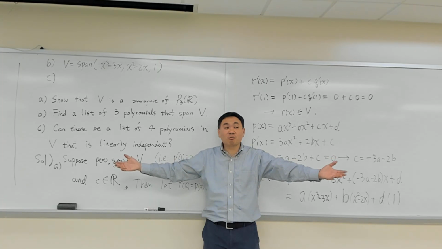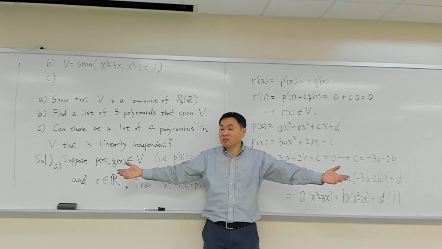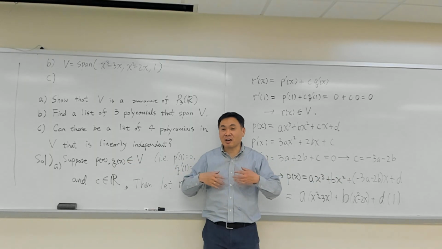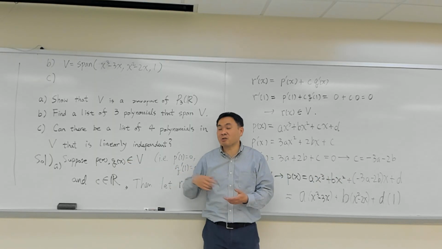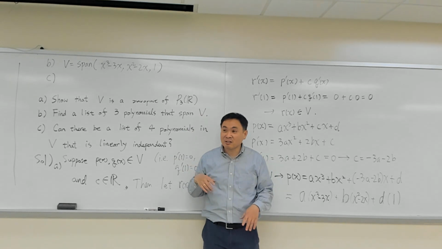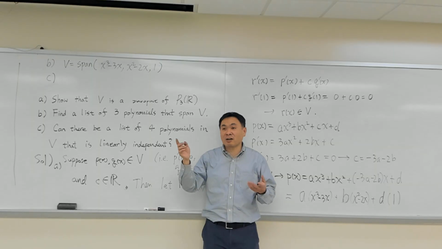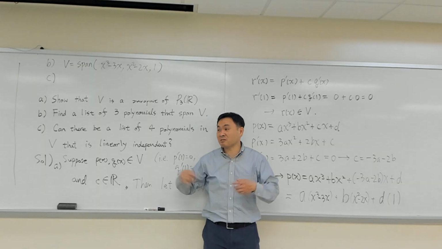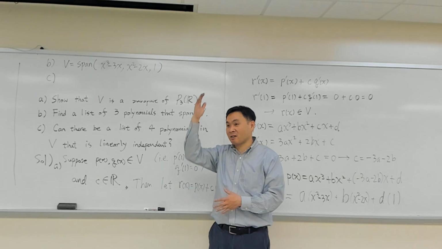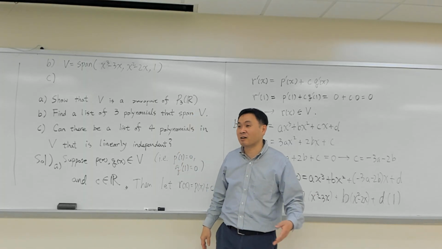In dimension 3, can you have 4 linearly independent vectors? No way, you can't, right? Because what's dimension 3? You have 3 distinct directions, right? And then any other vector in dimension 3 can be represented as a linear combination of these 3, the x, y and z axes or something like that, right?